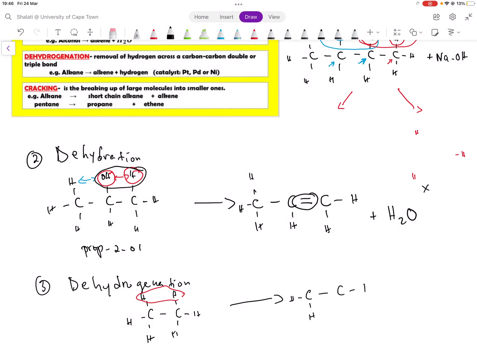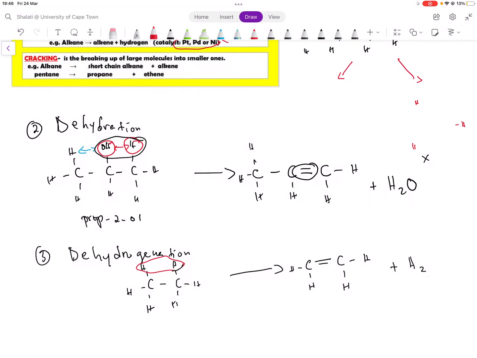The second one again 2 hydrogens, which explains the formation of a double bond. What happens to the 2 hydrogens? They will bond together to form H2. So on this one we have a catalyst, which is platinum, palladium and nickel. So don't forget those, it's very important.